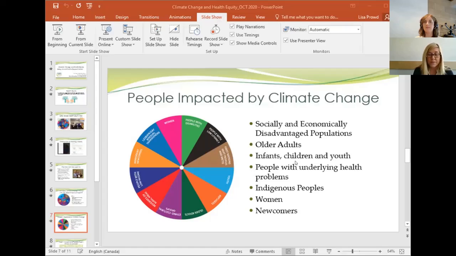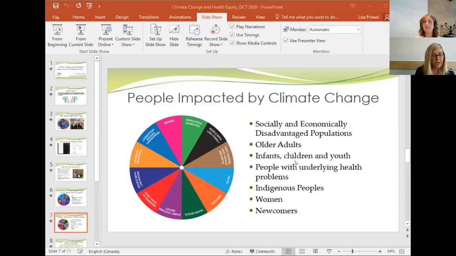Perhaps you work with some of these populations who are already experiencing health inequities or complex health needs. So just to highlight a few examples, those who are socially and economically disadvantaged. On the wheel, this could include populations such as people with low income, people with disabilities, or ethnocultural groups.